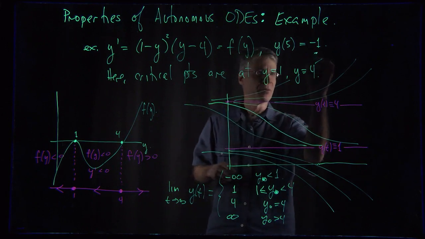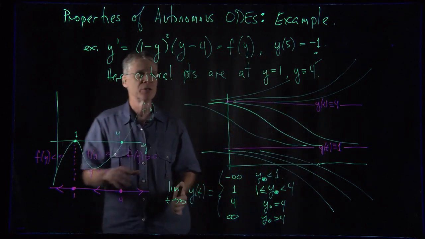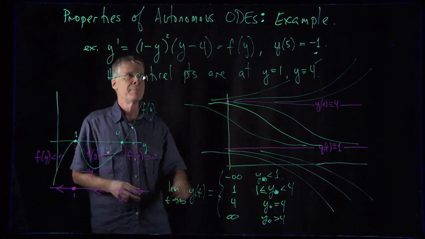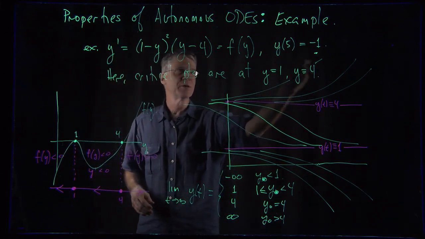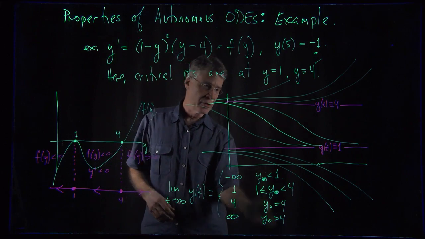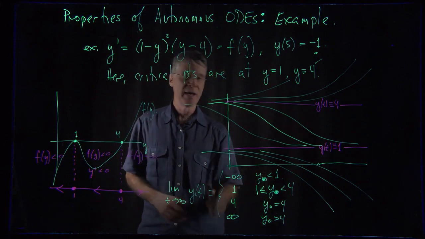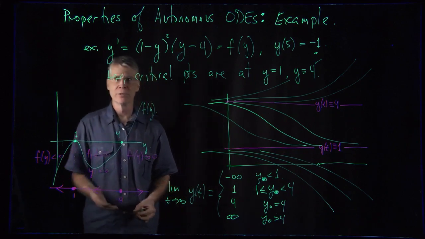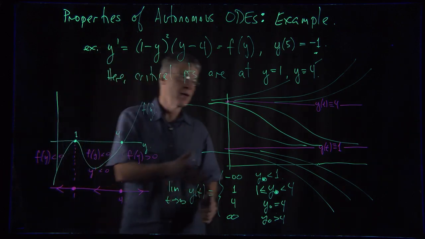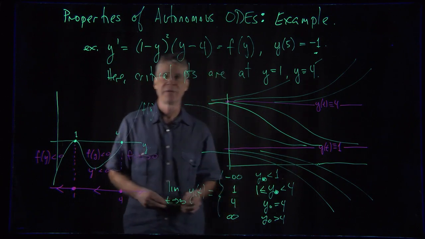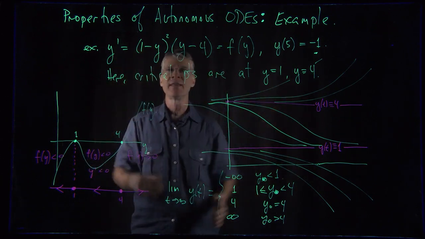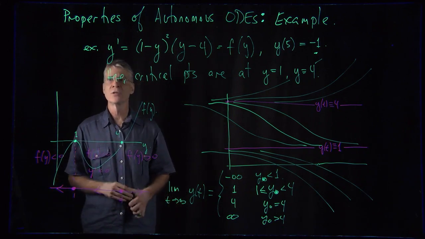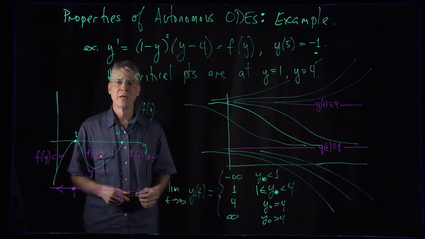The only part that's important is this way, and the conclusion you can draw is, well, I don't know what my solution looks like moment by moment, but I do know because my y0 is minus 1 that I can go to this chart and say, ooh, I'm below this guy. My solution is going to blow up, or what does it mean to go to minus infinity? Blow down? I'm not quite sure, but it's going to basically head to minus infinity. So without solving anything, I can say immediately what my long-term behavior is for this particular solution.